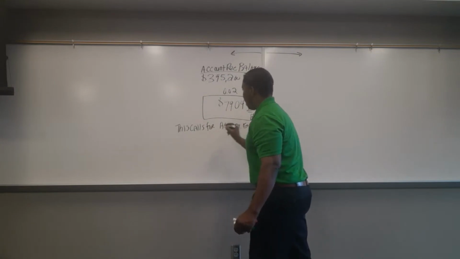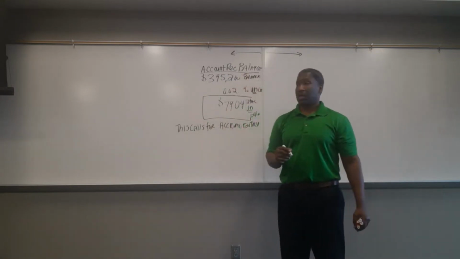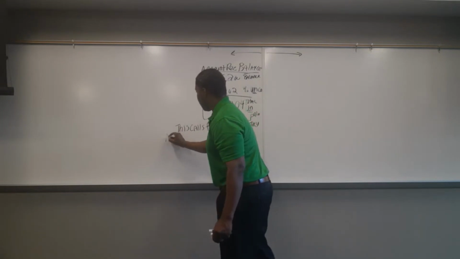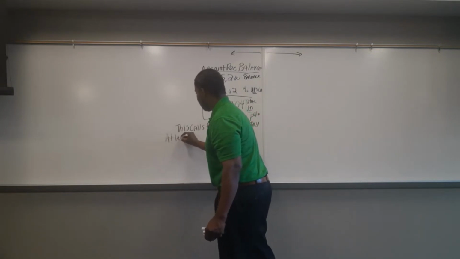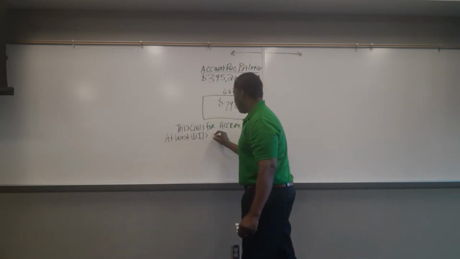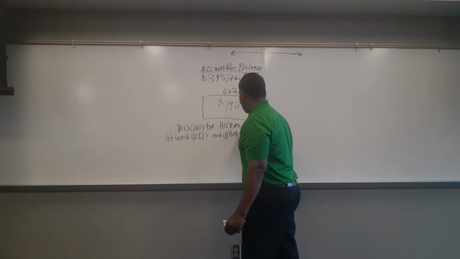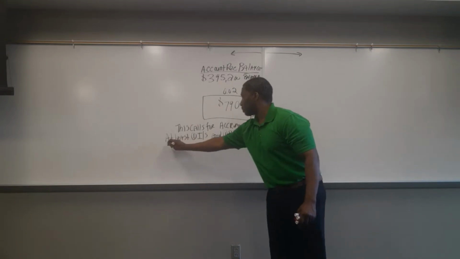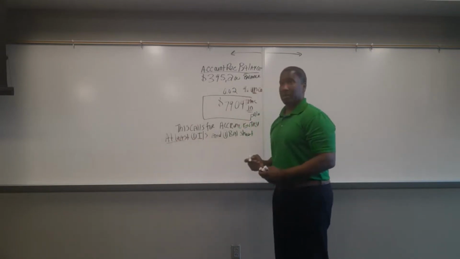And one thing we know about accrual entries, you must have at least one income statement account and one balance sheet account. It doesn't have to be in a particular order, depending on what you're doing, but you have to have at least one of each. Got it?